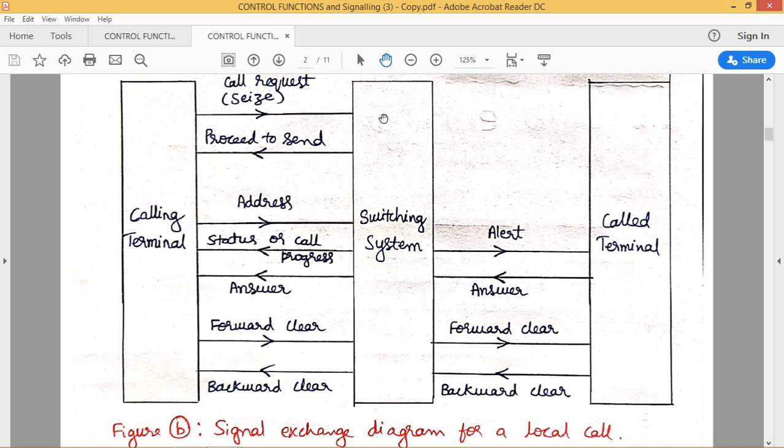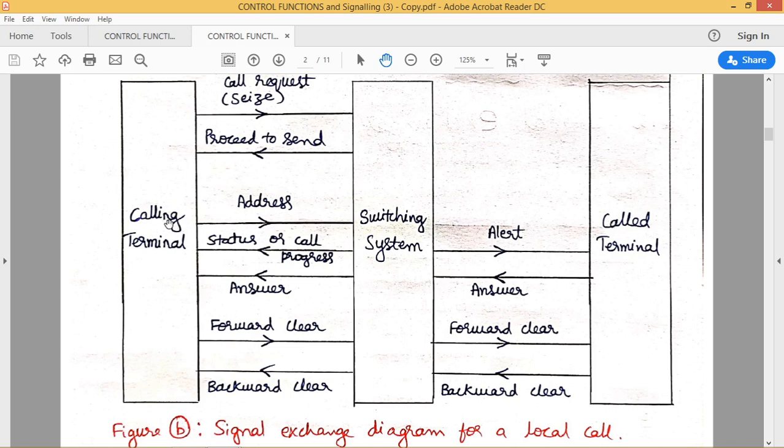Once it has determined the end user, that is the calling person, it sends back the proceed to send signal to the calling person. Once he listens to the dial tone, he starts dialing the number of the person he wants to communicate with.